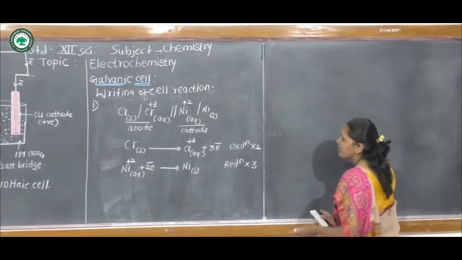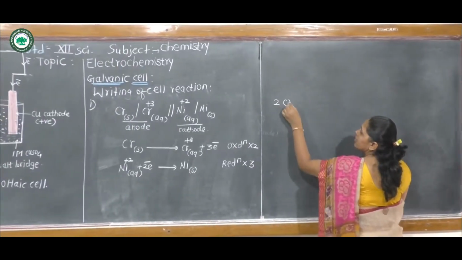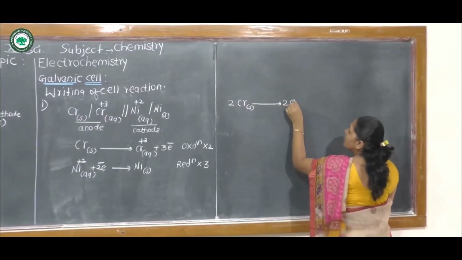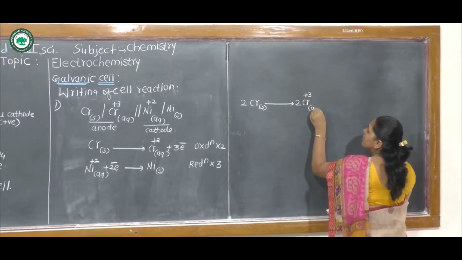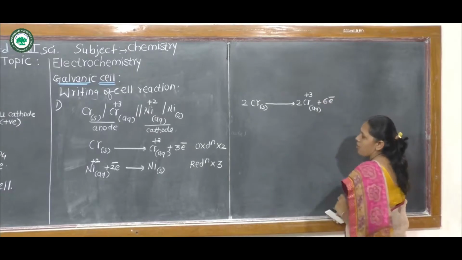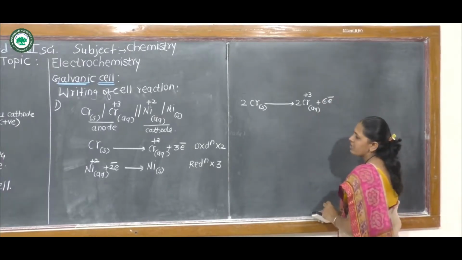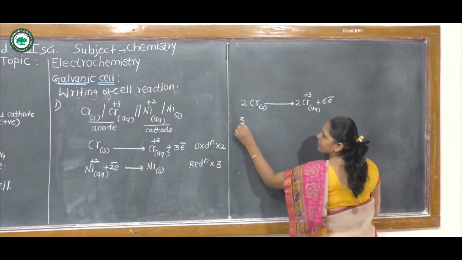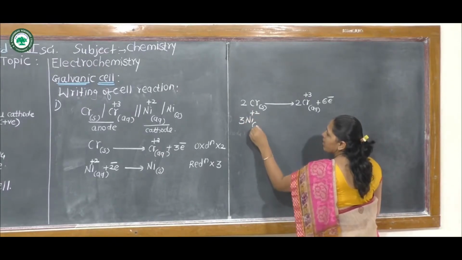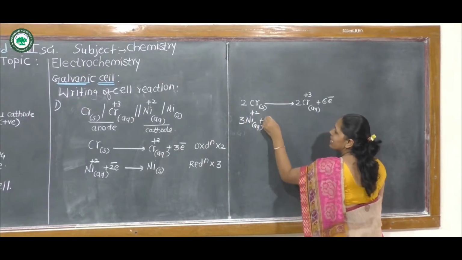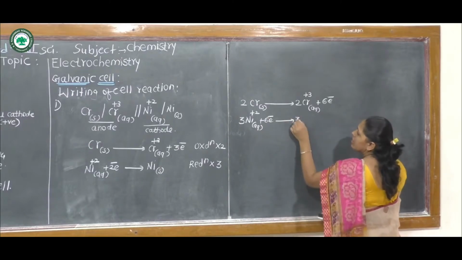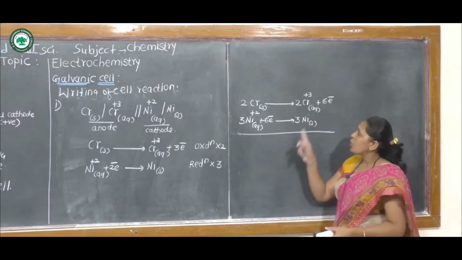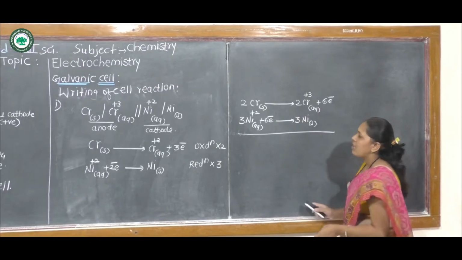Then by multiplying, 2 chromium gives 2 chromium plus 3 plus 6 electrons. This is oxidation half reaction. Then for reduction half reaction, multiplied by 3, nickel plus 2 aqueous plus 6 electrons gives 3 nickel. Then in both equations, number of electrons are same.